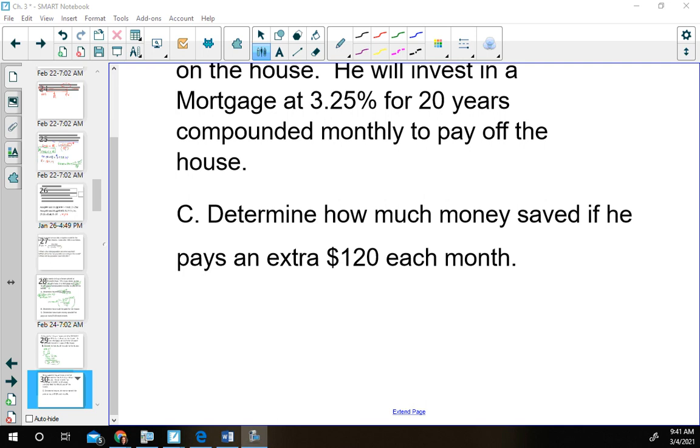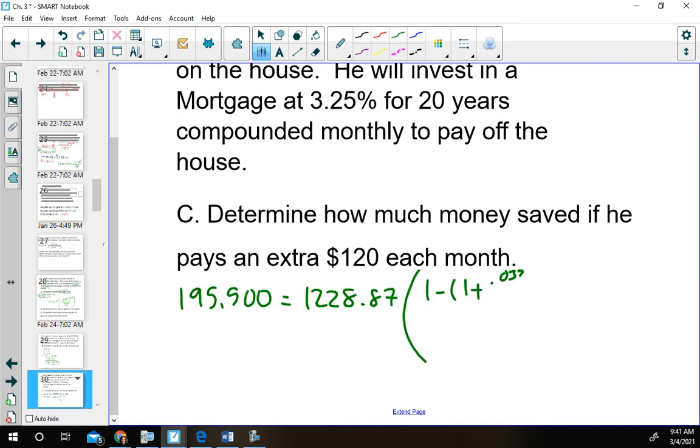So I'm going to take my 1108.87 and add 120 to it. So my amount of my house, here's my monthly payment. Okay, I'm going to figure out my new time it's going to cost me. So I got my 1 minus 1 plus, same rate, monthly. I'm going to find my time it takes me to pay it off because it should get paid off faster if I'm putting more money in.